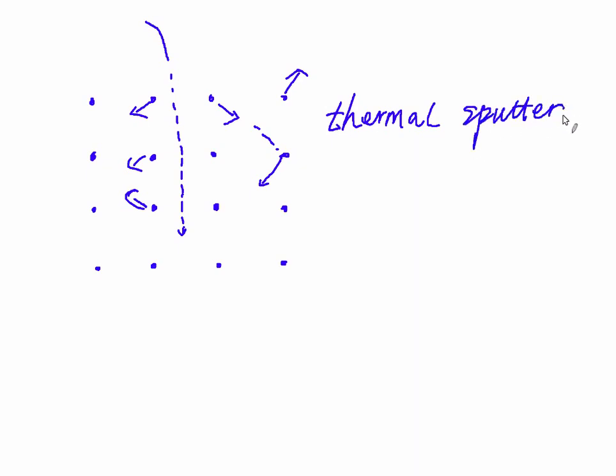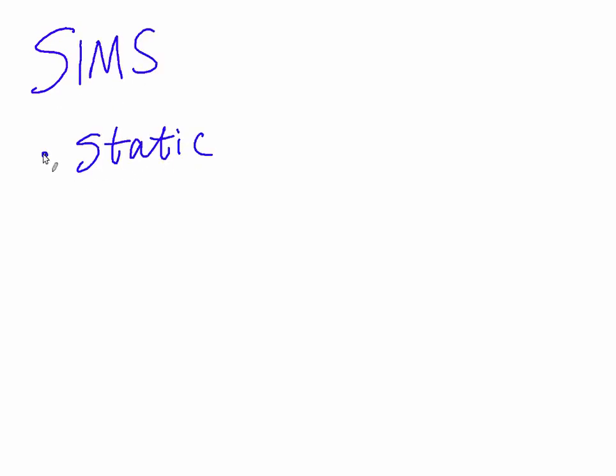The secondary ion will be generated by the thermal effect generated by the primary ion beam. There are two different methods to do a SIMS measurement. One is static SIMS, the other is dynamic SIMS.